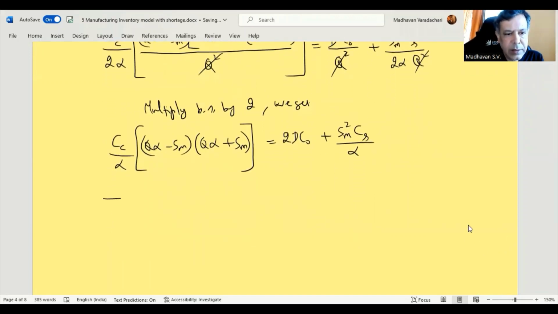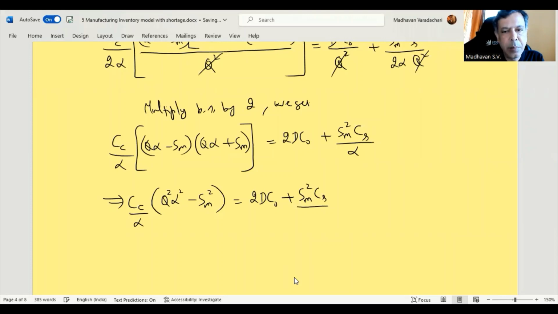Now this left hand side, you may notice it is like A minus B into A plus B. So Cc by alpha, we can write it as Q square alpha square minus Sm square is equal to 2dCO plus Sm square Cs by alpha.